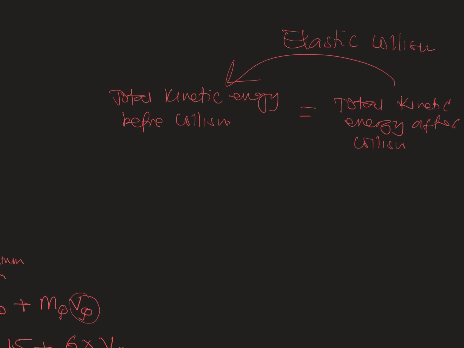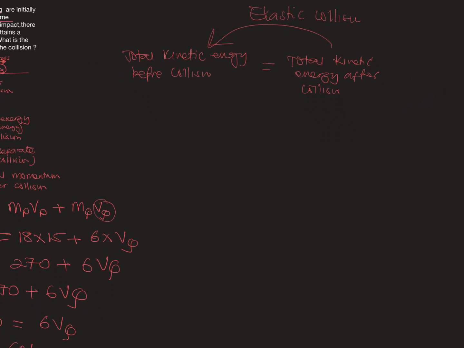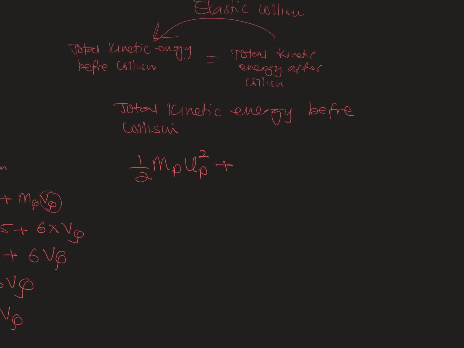So I want to prove that this is an elastic collision. Let's try to find the total kinetic energy before collision. So the total kinetic energy before collision will be half the mass of body P, the initial velocity of body P squared, plus half the mass of body Q multiplied by the initial velocity of body Q squared.